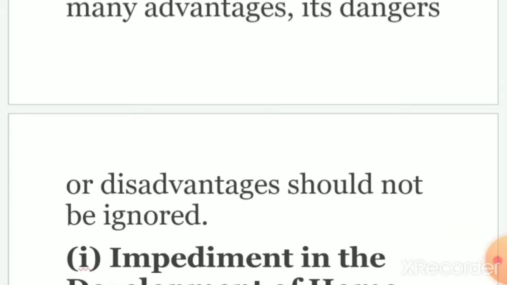First is impediment in the development of home industries. Remember, if you have an open economy, then there is free flow of commodities and services. Then we'll have competition within the commodity. The commodity which has lower prices, given the same quality, will survive.